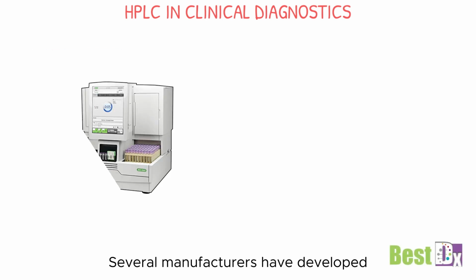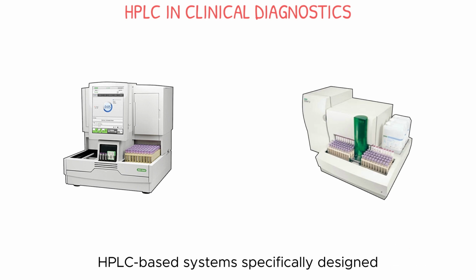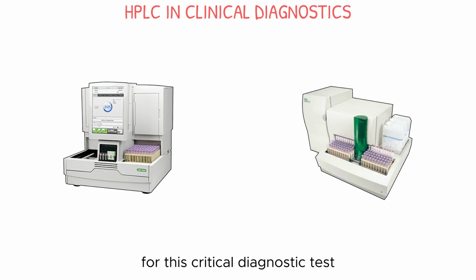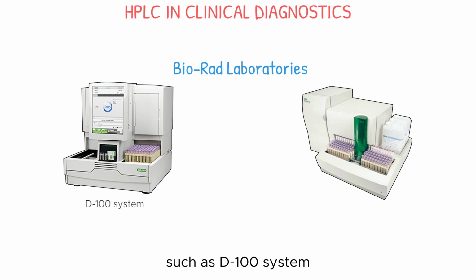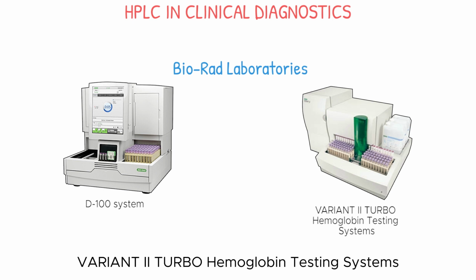Several manufacturers have developed HPLC-based systems specifically designed for this critical diagnostic test. For example, Bio-Rad Laboratories offers HPLC systems and kits that are tailored for HbA1c testing, such as the D100 system and the Variant 2 Turbo hemoglobin testing systems.